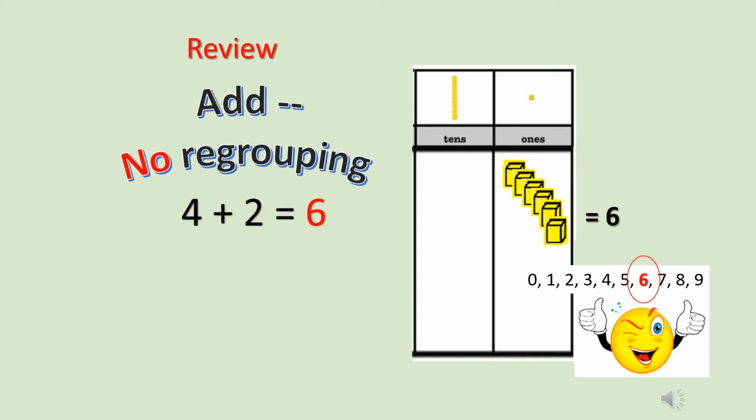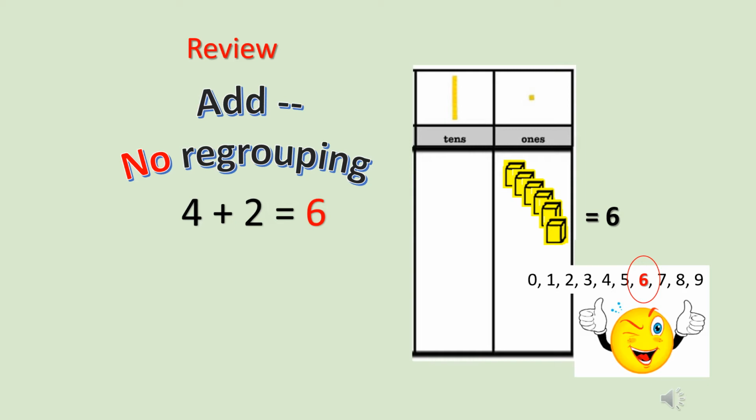But let's take a look at what's going on behind the numbers. So remember that you do not need to regroup when you have the numbers 0, 1, 2, 3, 4, 5, 6, 7, 8, or 9 in the ones place.